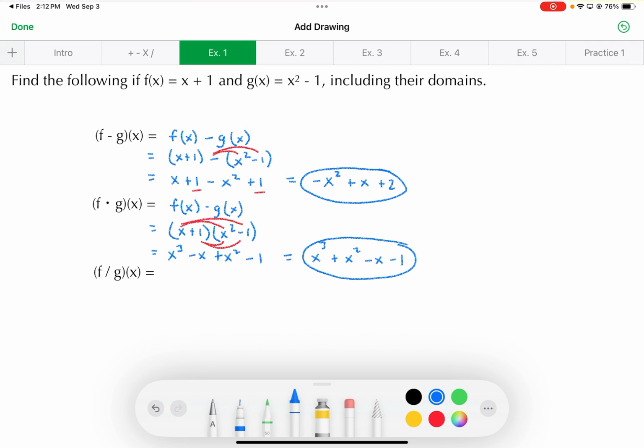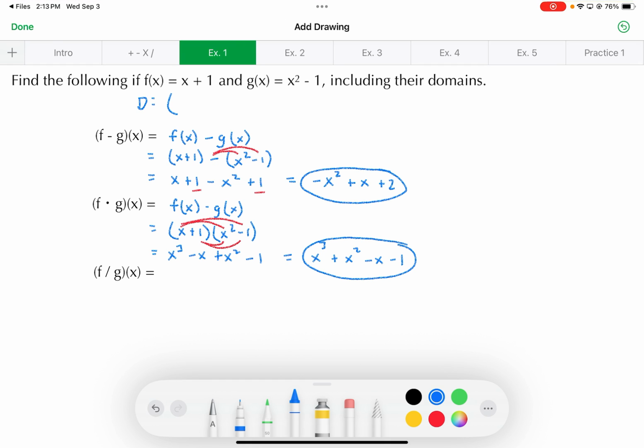All right, now let's pause there and come up with the domains of each of these. Previous slide said domain of sum, difference, and product is the overlap of the domains from the two originals. Okay, well, this is really easy. F is linear. What's the domain for any linear function? All reals, right?